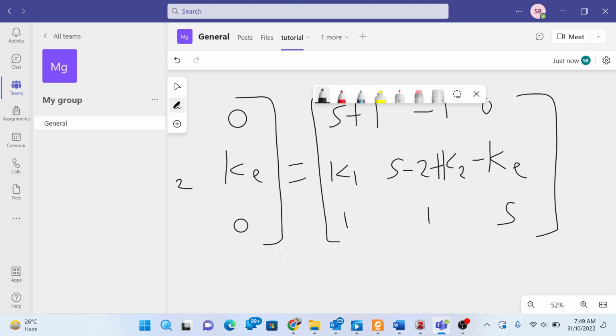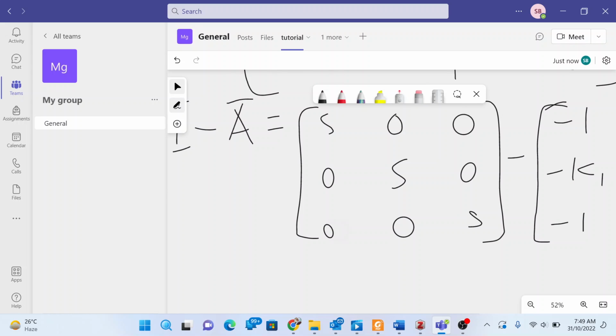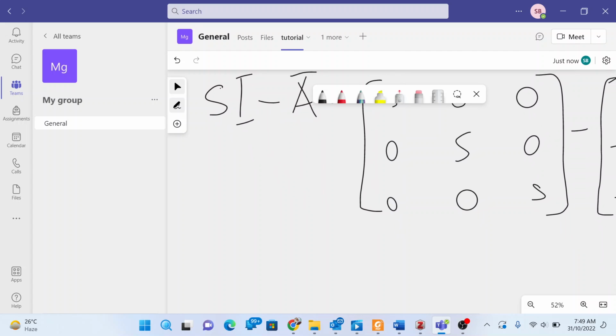Now that we have obtained this, we are going to find the determinant of this particular matrix, the determinant of SI minus A bar.